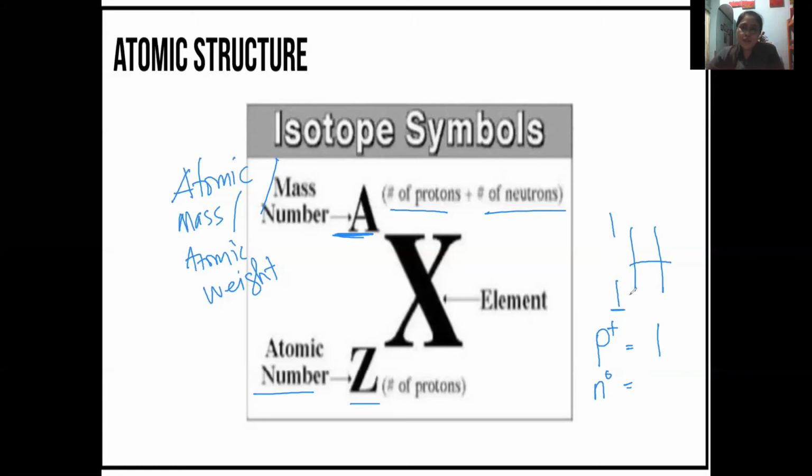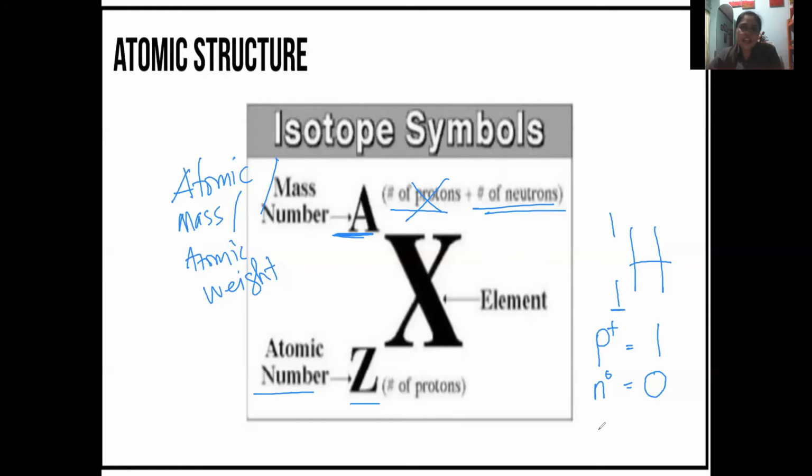So, 1 minus 1, you will get 0. Therefore, si hydrogen class ay walang neutron. Kasi 'di ba, number of protons si atomic number, and then ito mass number, number of protons plus number of neutrons. So pag tinanggal mo ang number of protons, ang maiiwan number of neutrons.